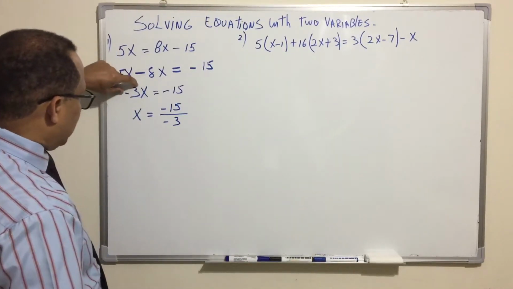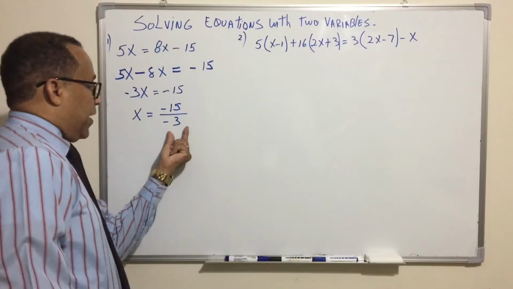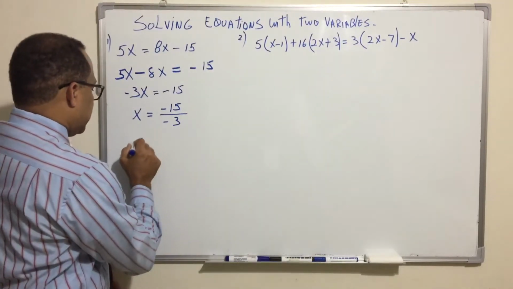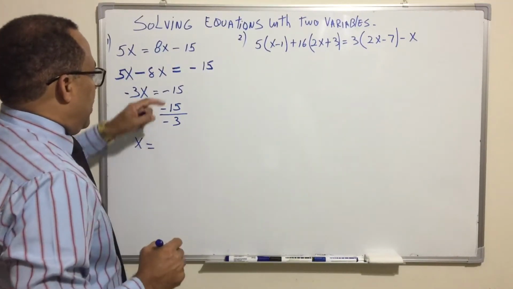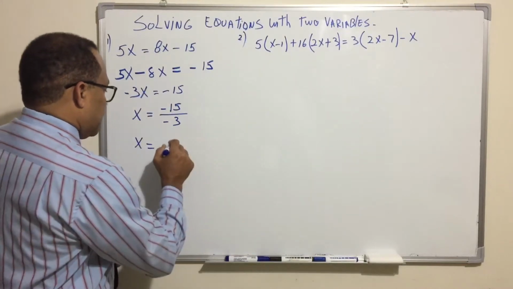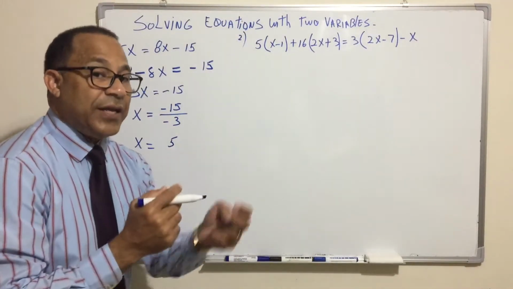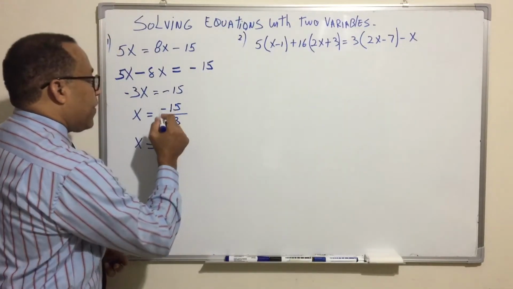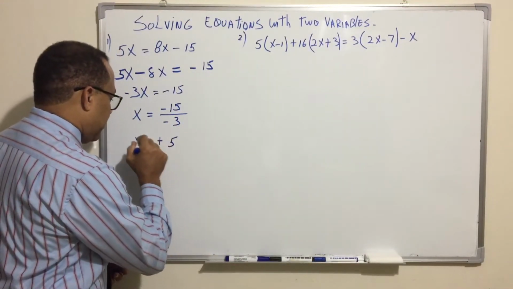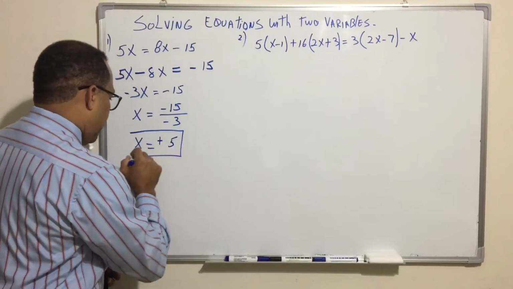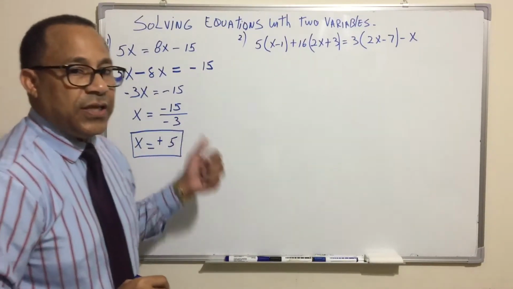It was multiplying here, and now here comes dividing. So x will be 15 divided by 3 is 5, because 3 times 5 is 15. And now let me divide the signs. Negative divided by negative equals positive. X equals positive 5.